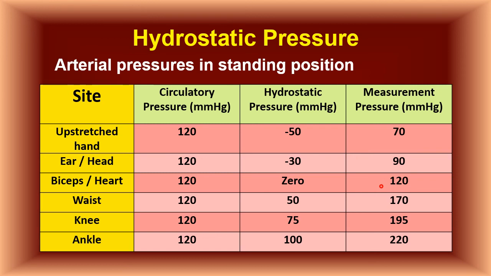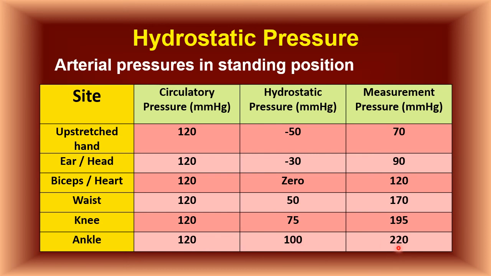Again, if we go down, the waist area will be 170, the knee area will be 195. Why? Because 120 plus 75. At the ankle area, we have 220, which is 120 plus 100 of hydrostatic pressure: circulatory pressure plus hydrostatic pressure, total pressure 220.